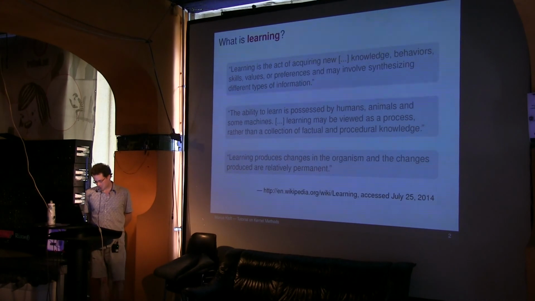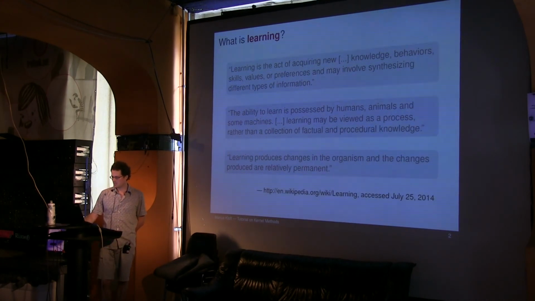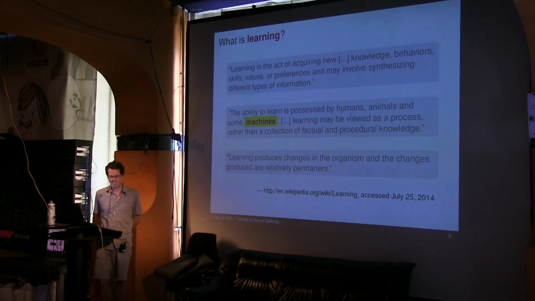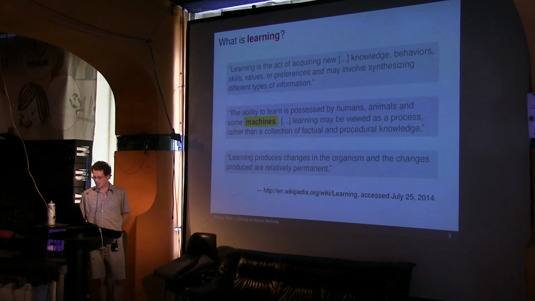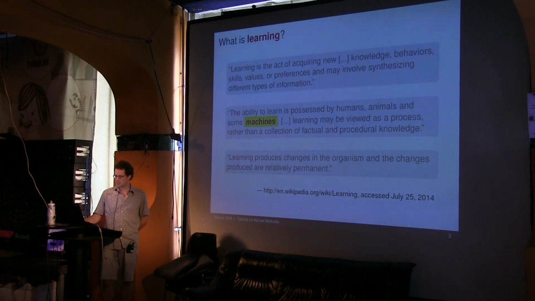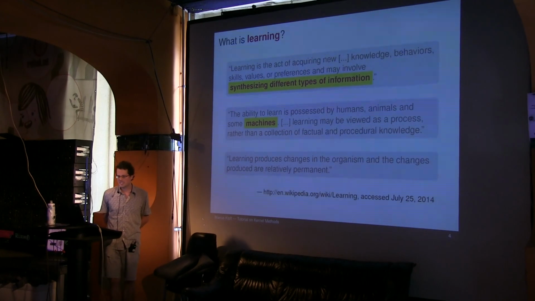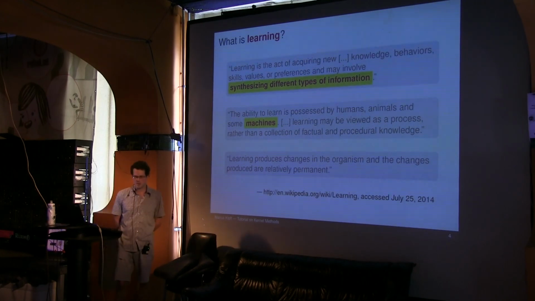Okay, so there are 2 things I want to emphasize here. So the first thing is we care about machines learning, right, in this talk and then at this workshop. And the other thing, which I think is very important in machine learning, it's actually at the core of machine learning, that is synthesizing different types of information, right?